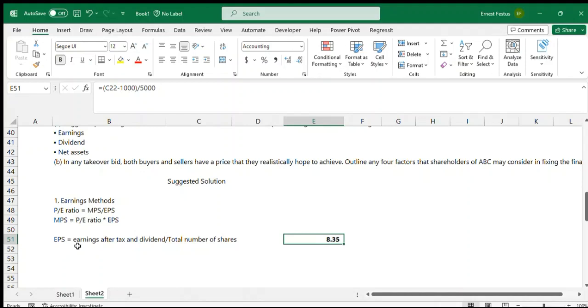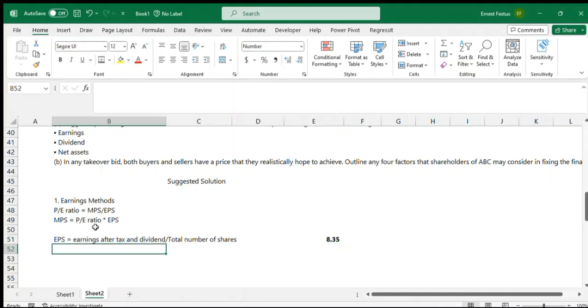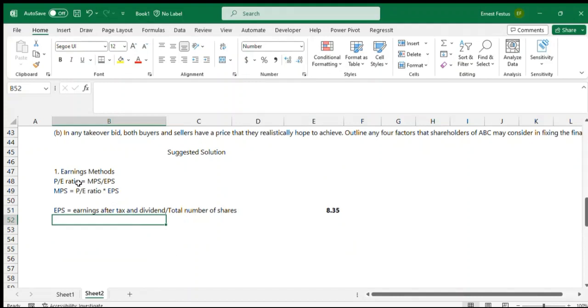Then the other component is the PE ratio. The PE ratio, as we know, is equal to the MPS, the market price per share, divided by the EPS. Let me write PE ratio here.